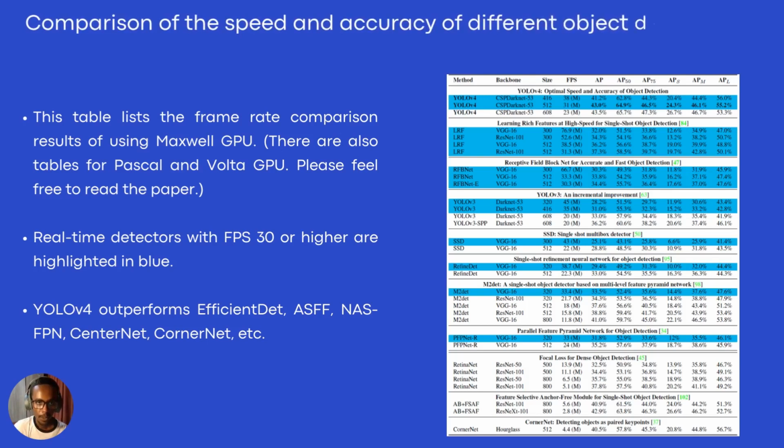When we compare the speed and accuracy of different object detectors on the MS COCO dataset, the table on the right shows the frame rate comparison results using the Maxwell GPU only. And there are also tables showing the performance when using the Pascal and Volta GPU. The real-time detectors with 30 frames per second or higher are highlighted in blue in the image.